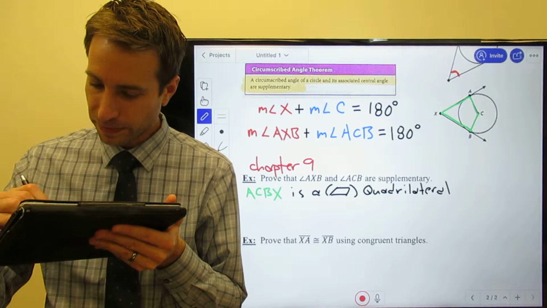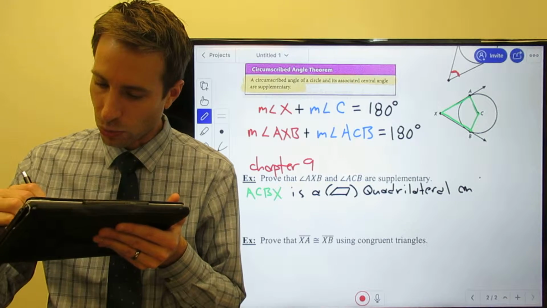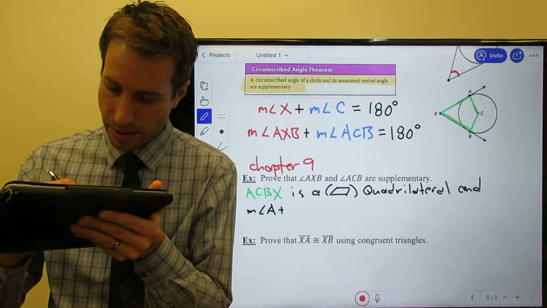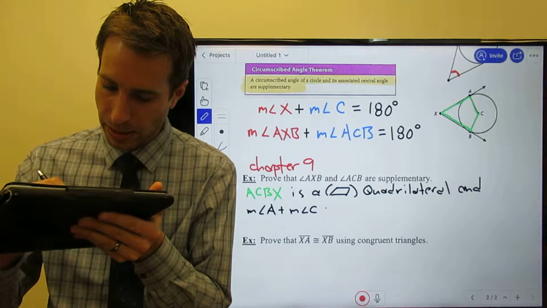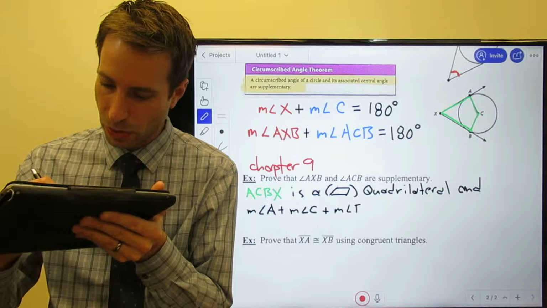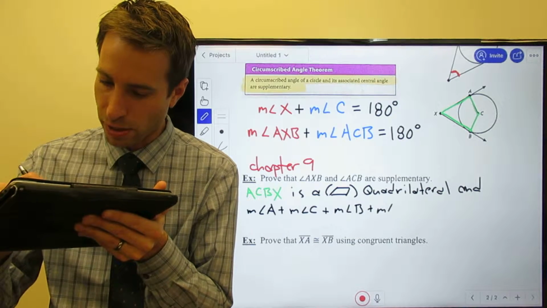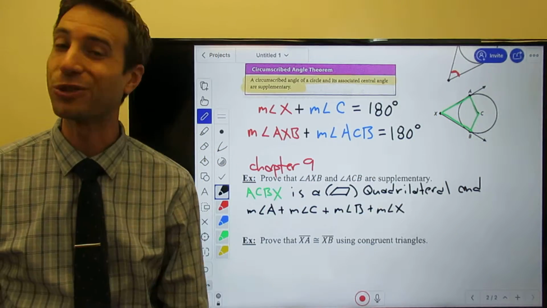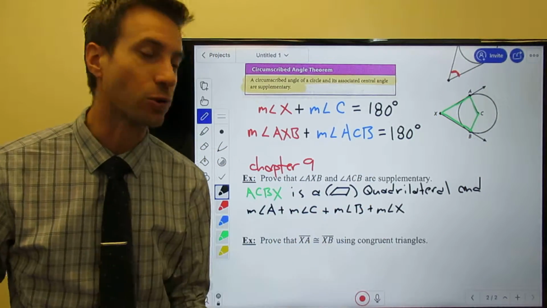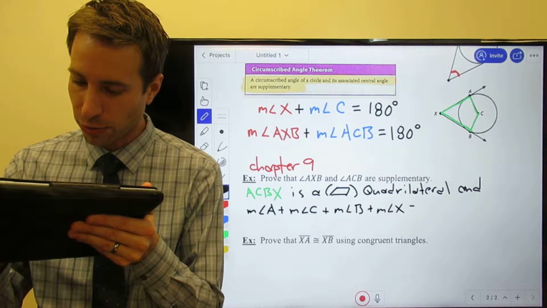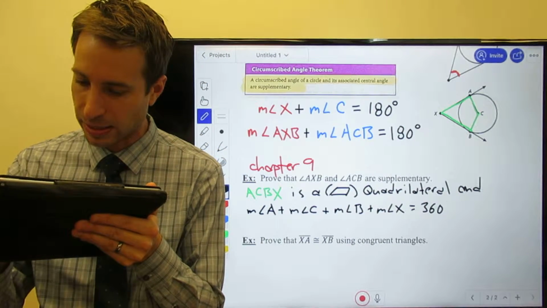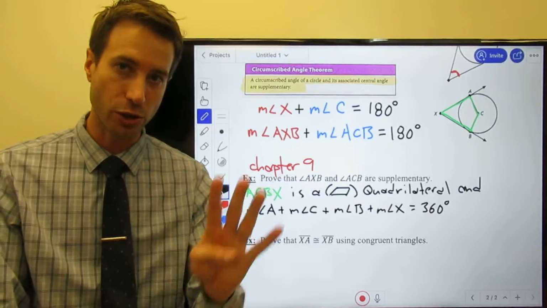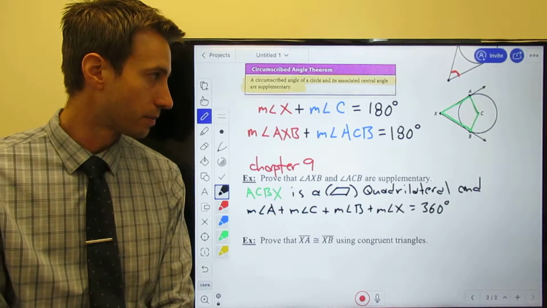So AXB is a quadrilateral, and we know that the measure of angle A plus the measure of angle C plus the measure of angle B plus the measure of angle X, right? I have four angles, A, C, B, and X, inside my quadrilateral. Those four angles must sum together to 360 degrees, right? Again, all of that comes from Chapter 9, Properties of Quadrilaterals, Four-Sided Figures.